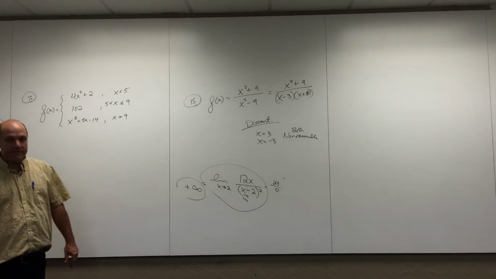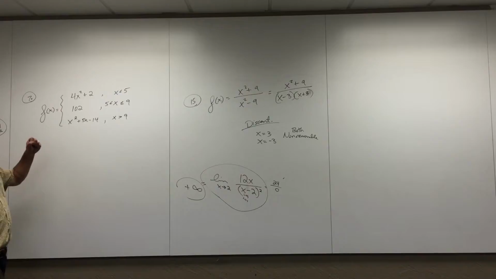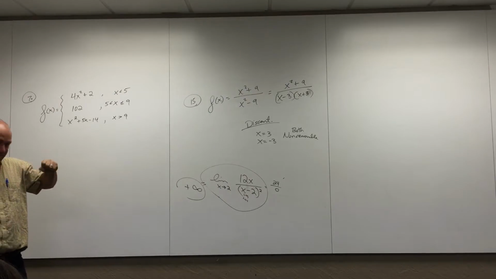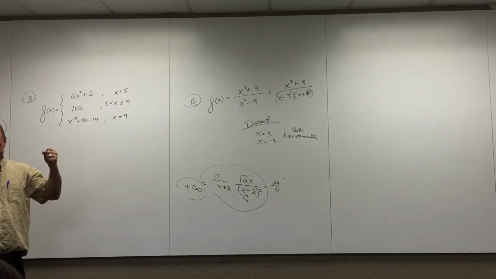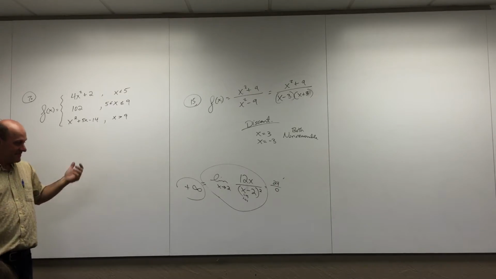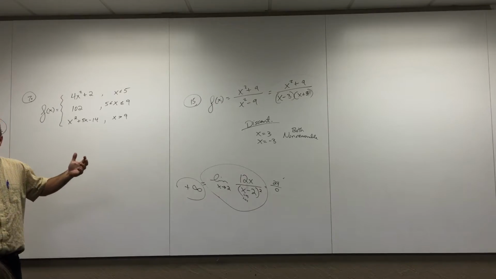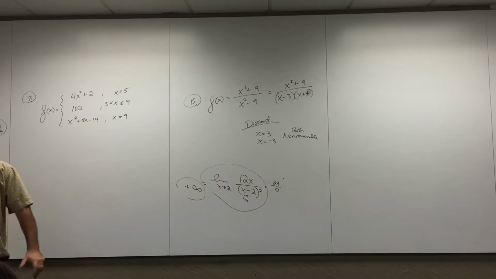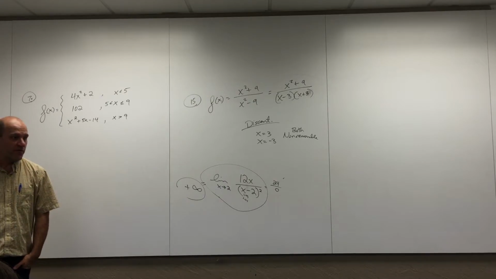All right, you ready? By the way, what's the question? Determine whether the function below has any points of discontinuity. If so, list them and classify them as removable or non-removable. So find all the discontinuities and list them as removable or not. That's the directions.